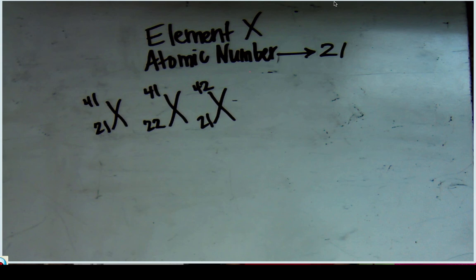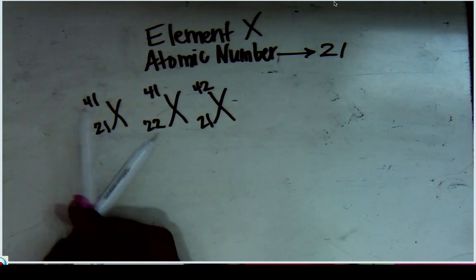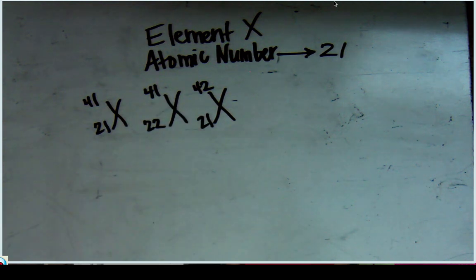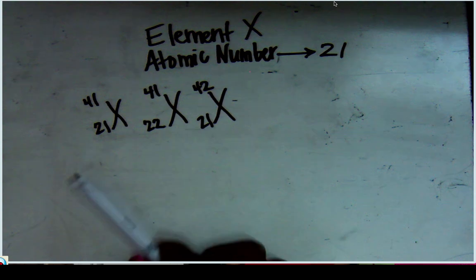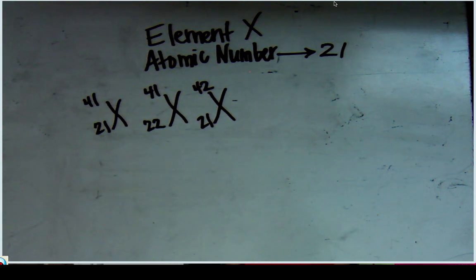So if they have a different number of neutrons, then their mass number must be different. If they have the same number of protons, then the atomic number must be the same. So looking at this example, which ones have the same atomic number but different mass numbers?